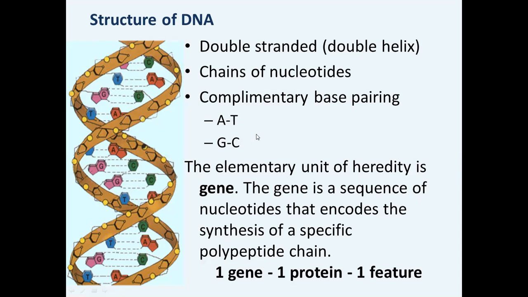The elementary unit of heredity in bacteria is a gene. The gene is a sequence of nucleotides that encodes the synthesis of a specific polypeptide chain. And mostly one gene is responsible for the synthesis of one protein, and if bacteria possess this protein, it also has some phenotypic feature, some property.